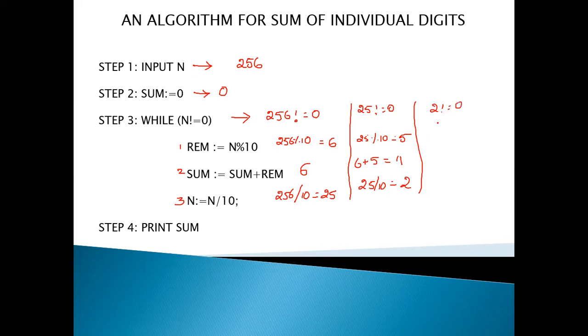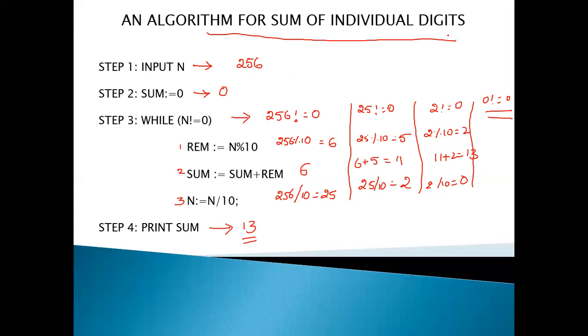In the next cycle, 2 percent 10 is 2, and this 2 is added to sum, that is 13, and 2 divided by 10 is equal to 0. Now 0 not equal to 0 is false, so it comes out of the loop. At that time the value of sum is 13, so it is displayed as output. So 2 plus 5 is 7, 7 plus 6 is 13. This is the algorithm for the sum of individual digits of a given number.